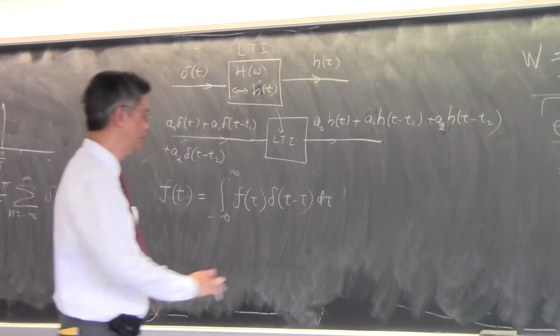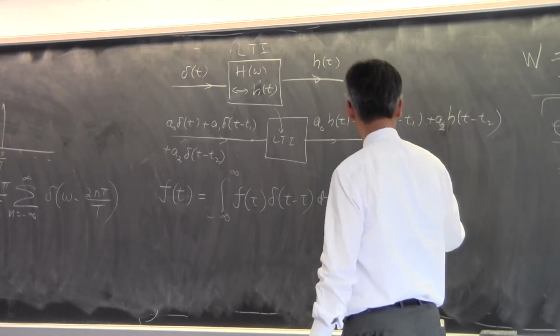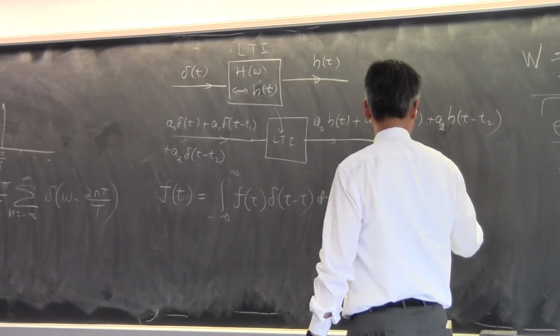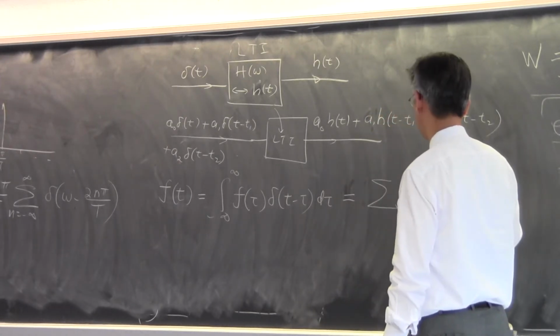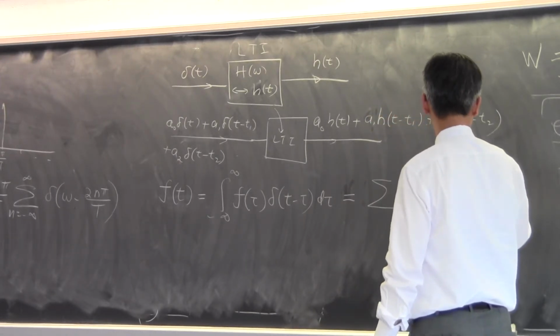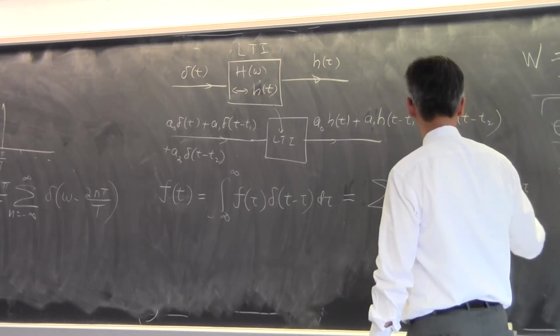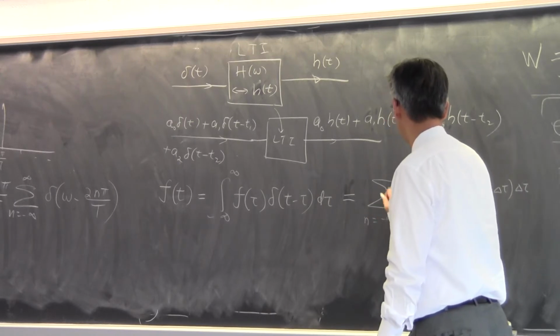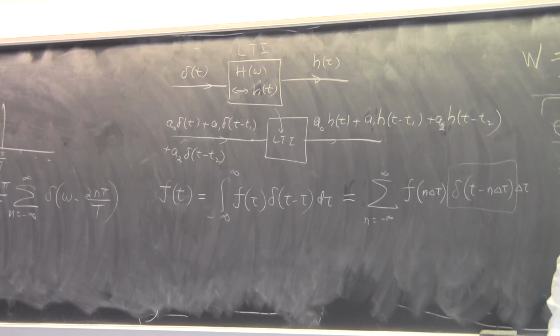So to make that point more legitimate, I can think of the right-hand side as something like the summation of f(n delta tau) times delta of t minus n delta tau, n equal to minus infinity to infinity. You can clearly see that the right-hand side is a summation of impulse functions, but I have just written it as an integral summation instead of a discrete summation.